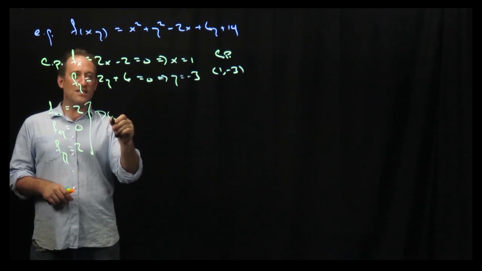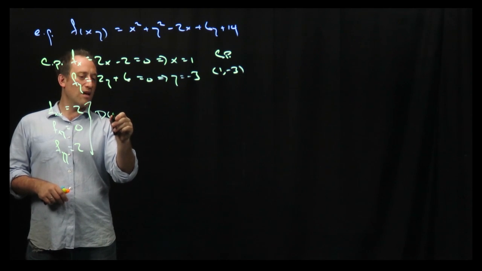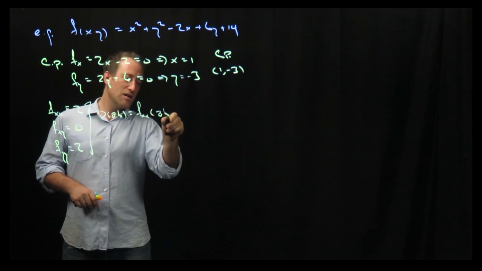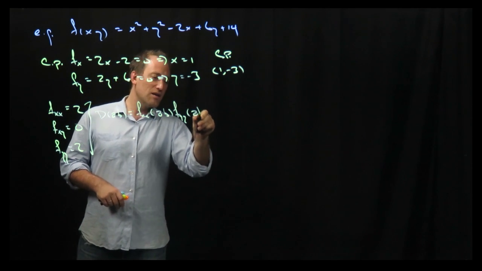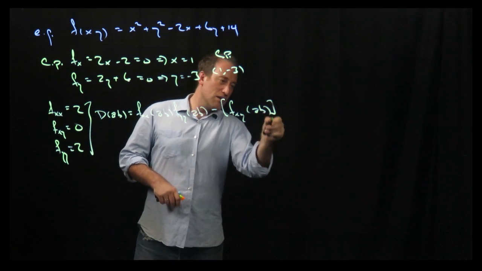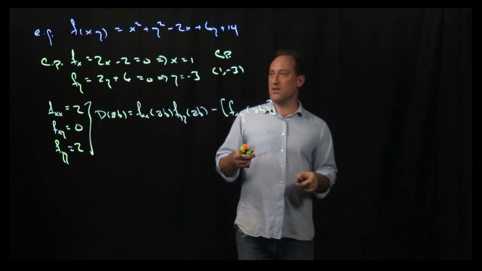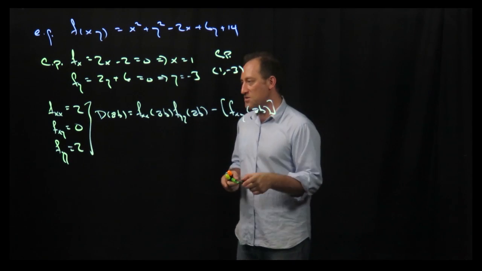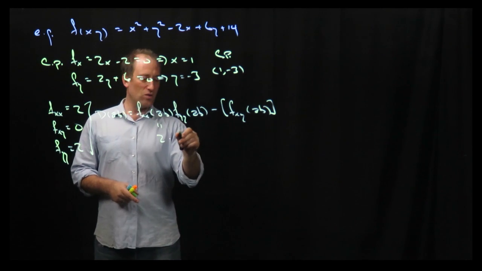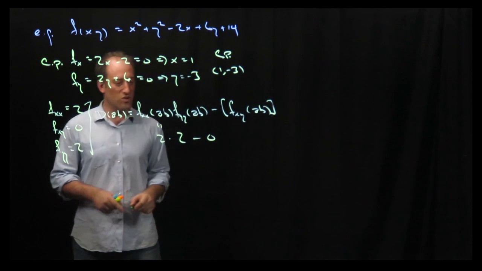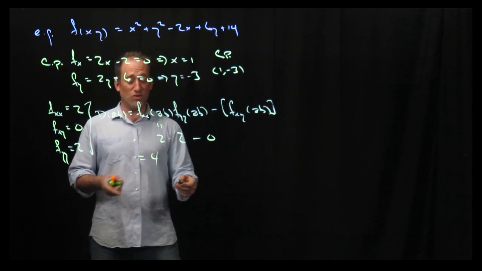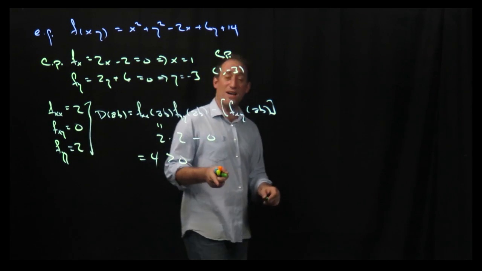That tells me that D of any point AB will be fxx at AB times fyy at AB minus quantity fxy at AB squared. However, AB plays no role in any of this because fxx is always 2, fyy is always 2, and fxy is always 0. So I wind up with the D function is 4, which quite clearly is positive.